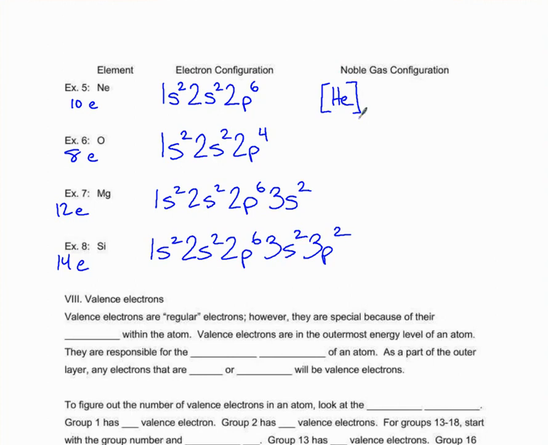The electron configuration of helium would be 1s2. So we're talking about this right here is helium. So then we need to see the electrons in the outer shell, or the outer energy level, and that would be energy level 2. So 2s2, 2p6.